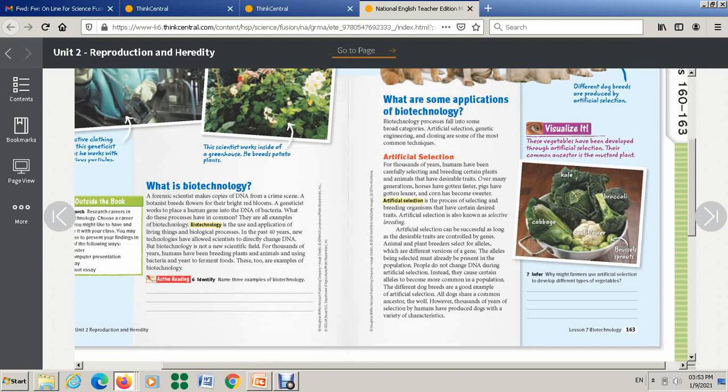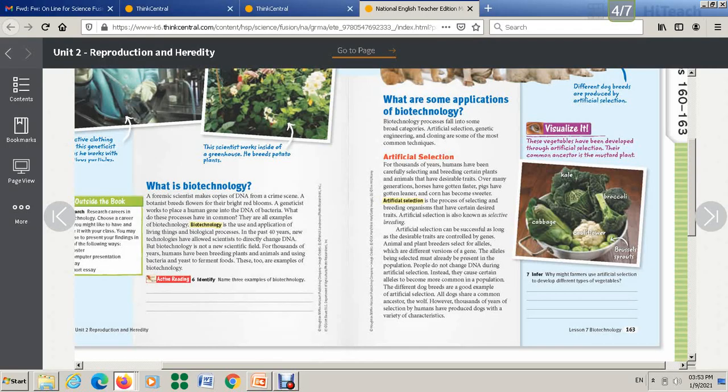Let's look at question 6. Name 3 examples of biotechnology. What are 3 examples of biotechnology, not applications here. Sorry for this. Let's write them.